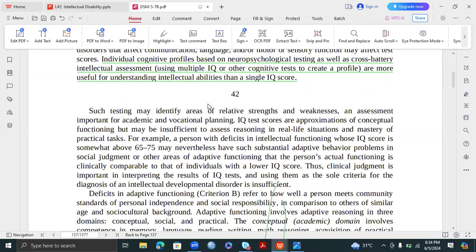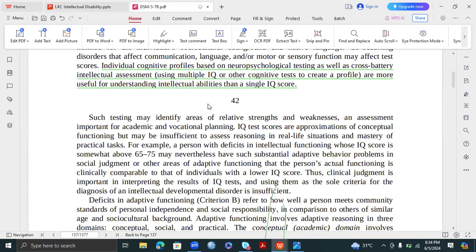All right. Then individual cognitive profiles based on neuropsychological testing, as well as cross-battery intellectual assessment using multiple IQ or other cognitive tests to create a profile, are more useful for understanding intellectual ability than a single IQ score.